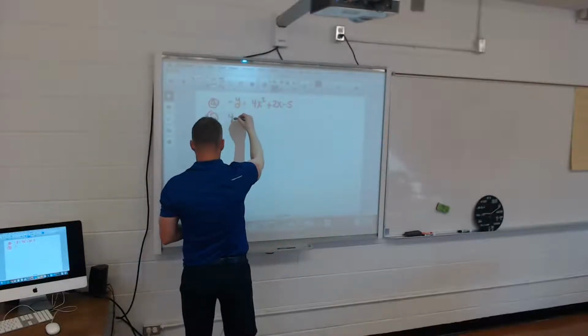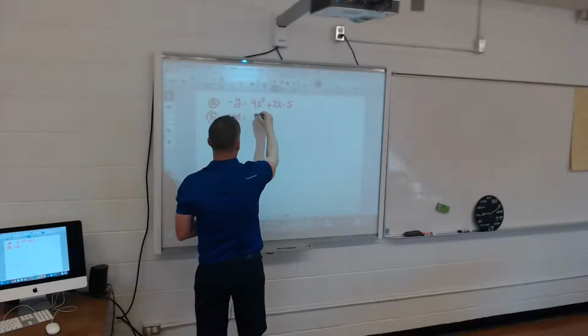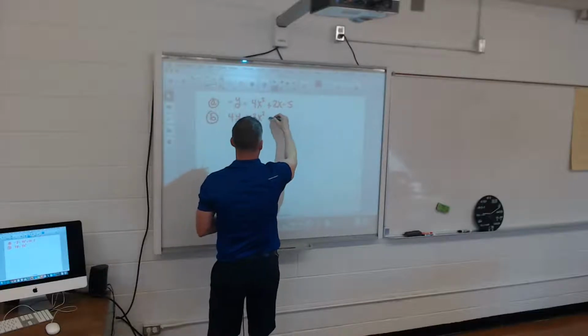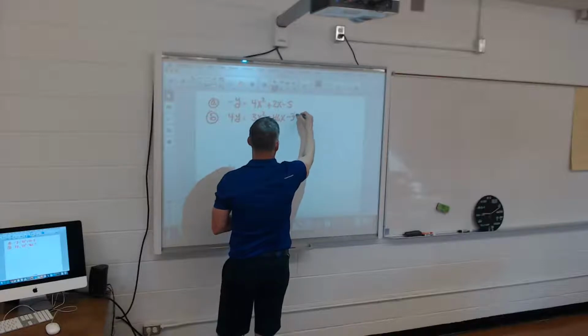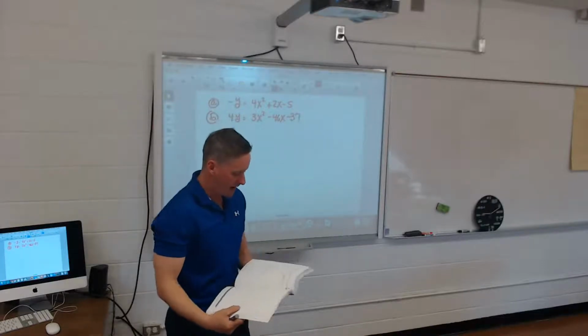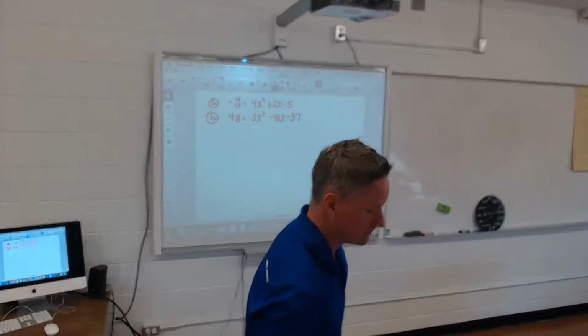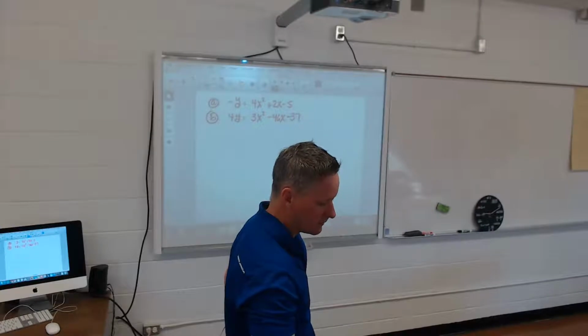I'm going to leave the 4y. I'm going to move the 4y to the other side. So that leaves me at 3x squared minus 46x minus 37. Okay, so I added 4y on the second one to the right. You follow so far? Yeah.